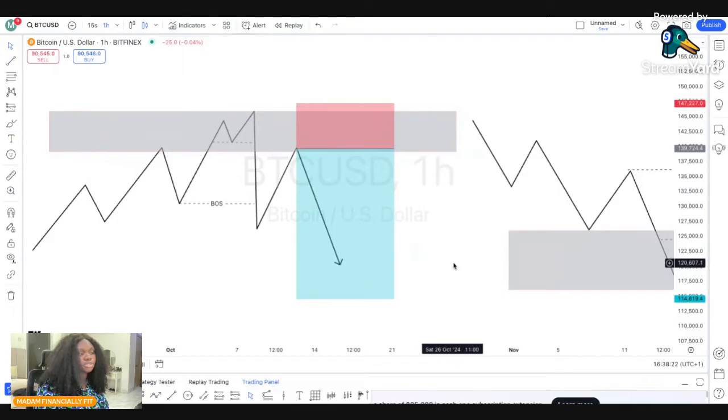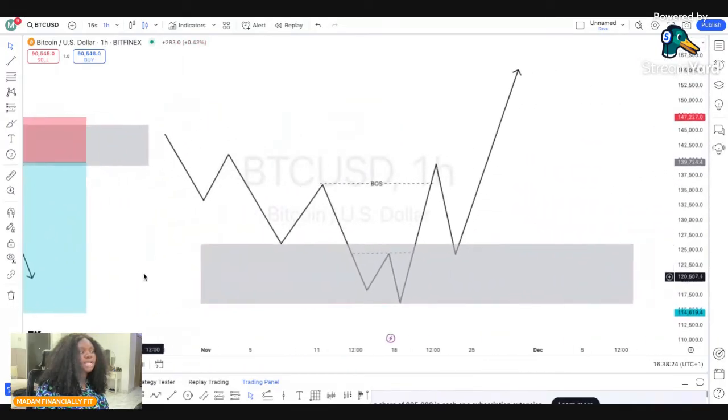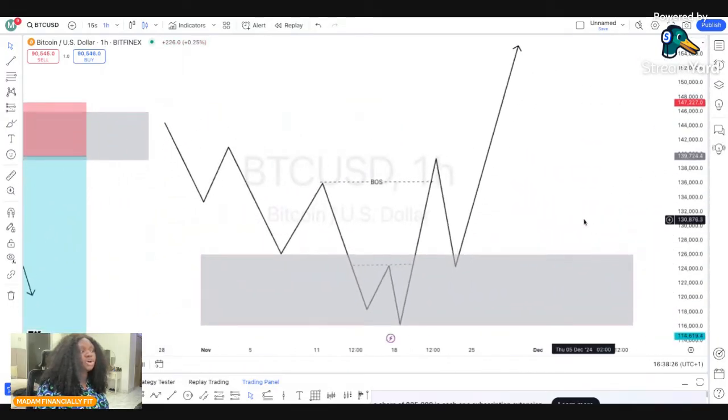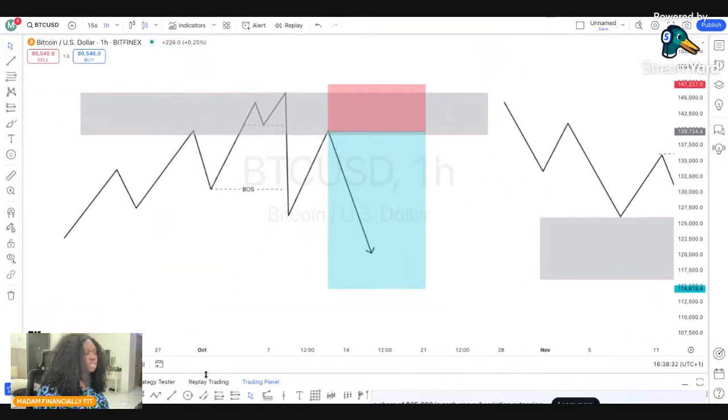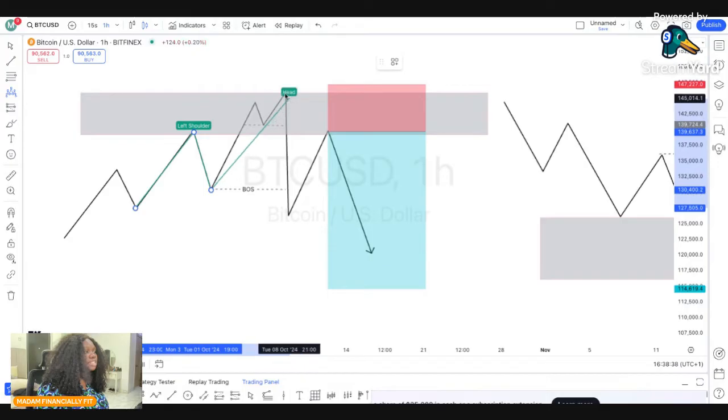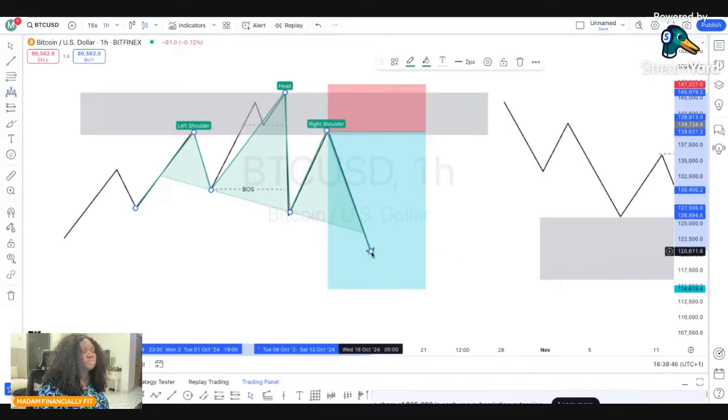Now I want to show you the opposite of it happening with your inverted heads and shoulders. In case you're confused, this is your standard heads and shoulders right here. You see your left shoulder, this whole thing right here is your head, and right there, break of structure, you want to see this baby drop.